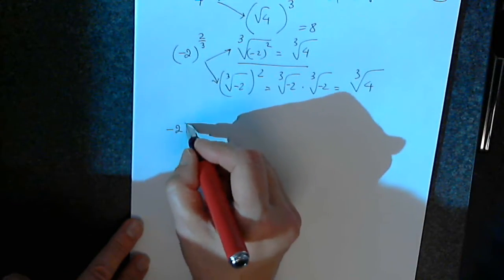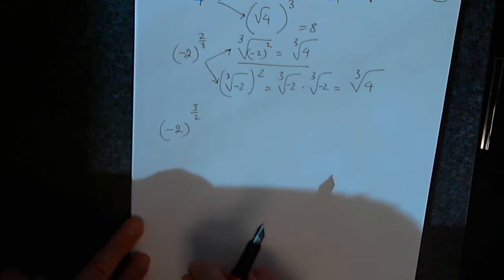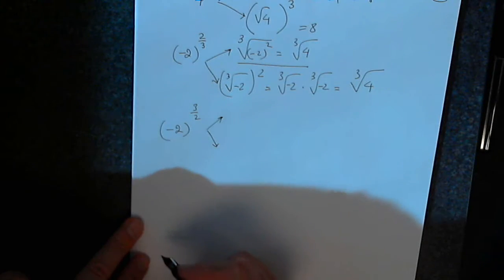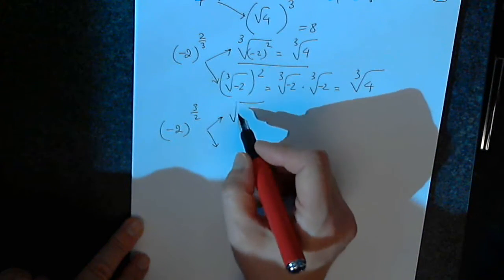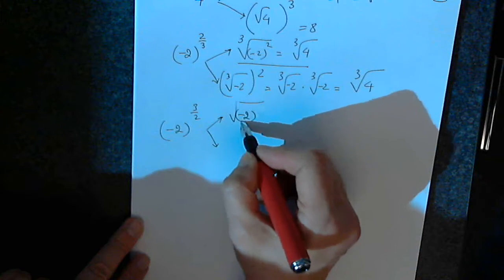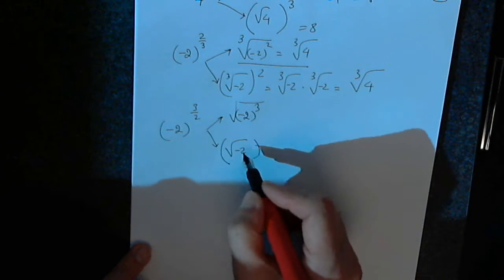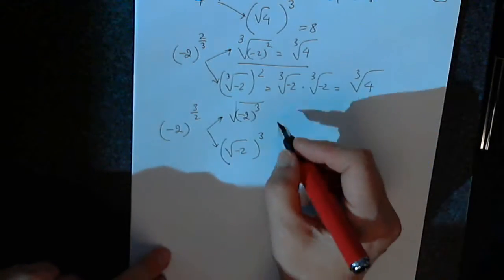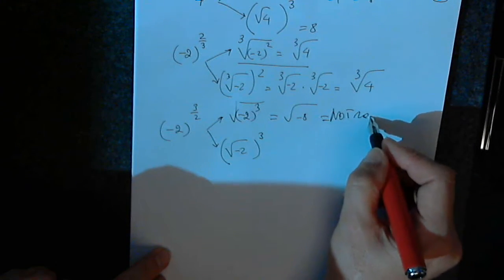Now if I have negative 2 to 3 halves, let's see what we get. There is a problem here. So I could do the square root of negative 2 to the third, or I could do the square root of negative 2, everything to the third. In both cases, I get the same thing, which is the square root of negative 8, not real.